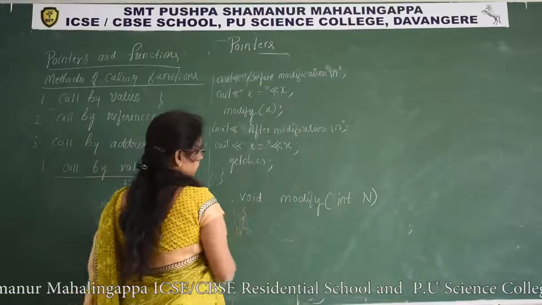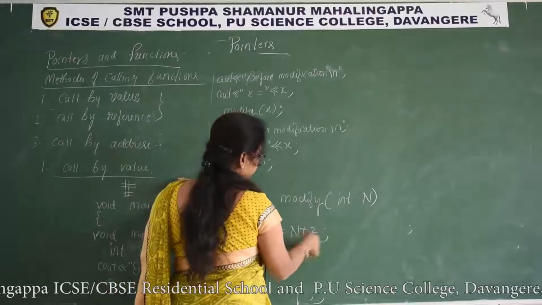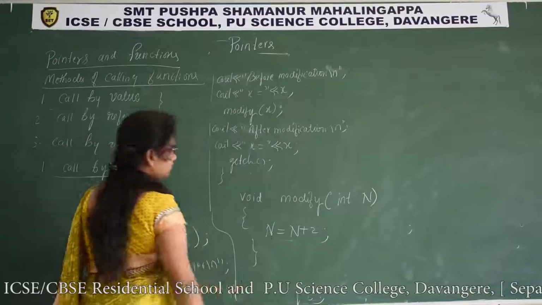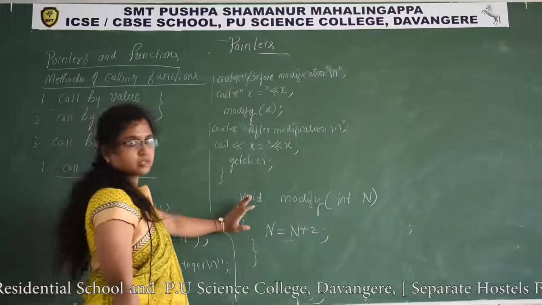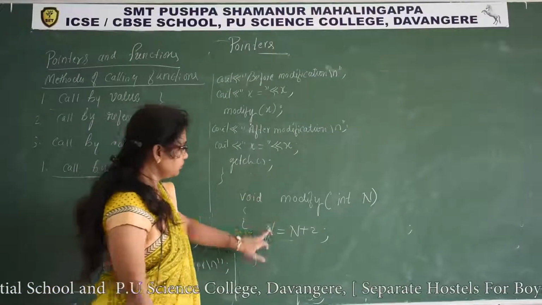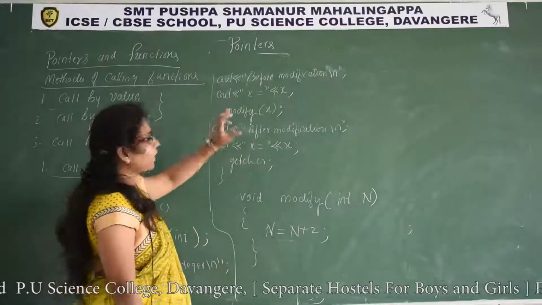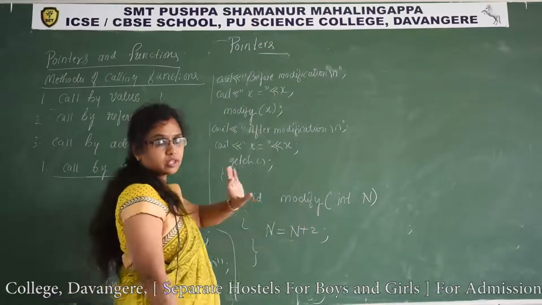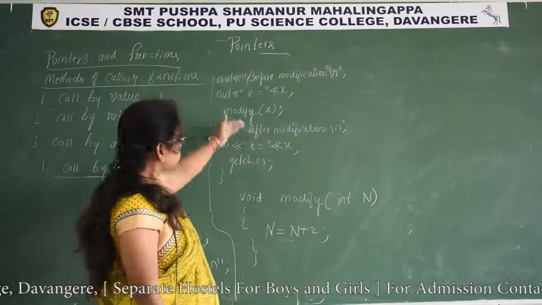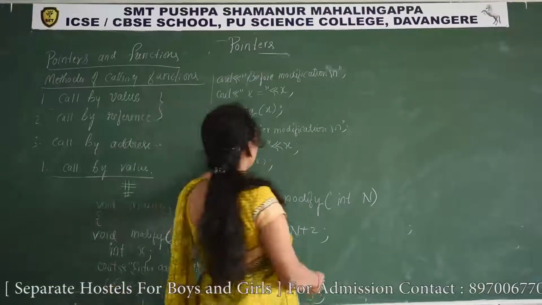Here I'll modify: n is equal to n plus 2. Only that instruction will be there in this function. So this function modifies the value of n, that is the content of x. The content of x will be modified from this function. After that, the remaining statements will be executed. Then how does the output look?